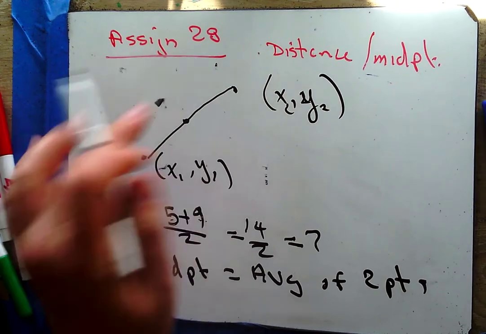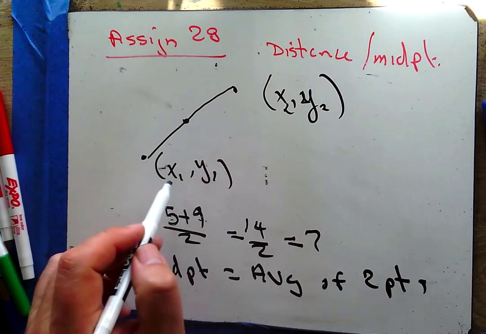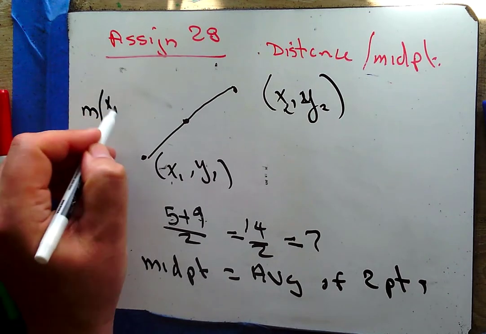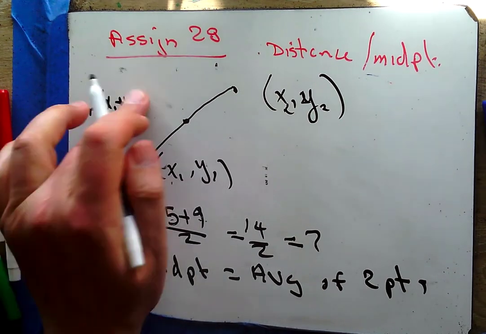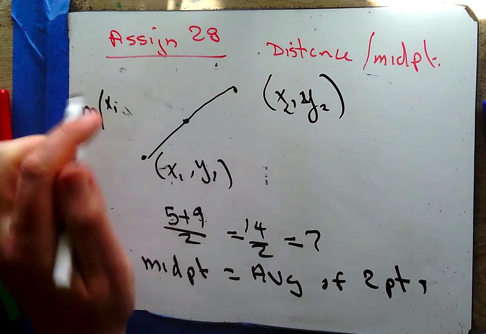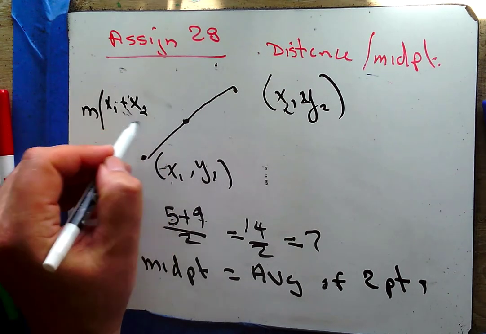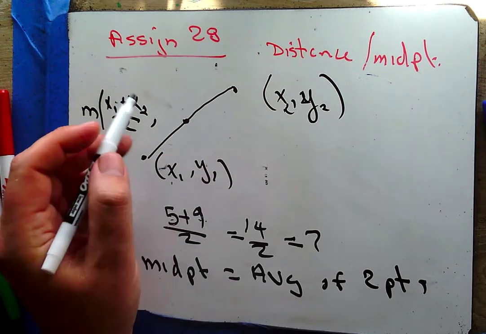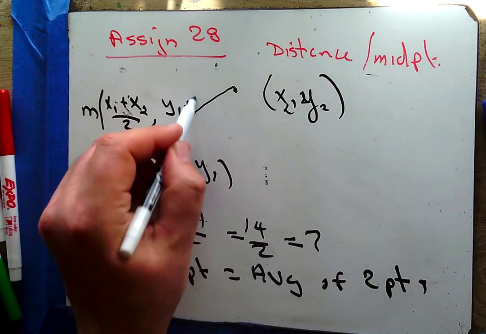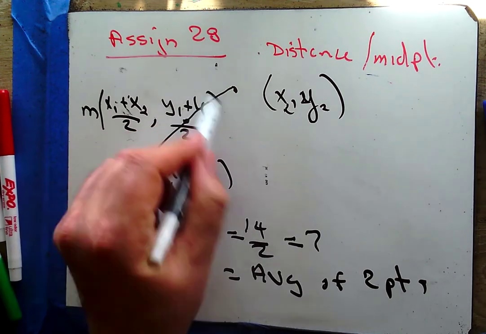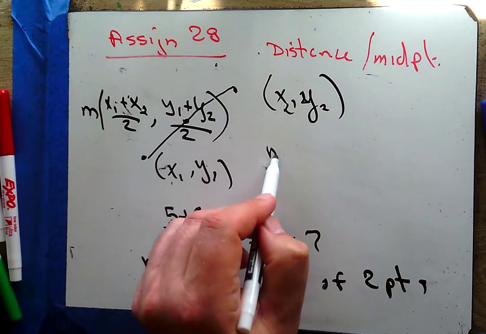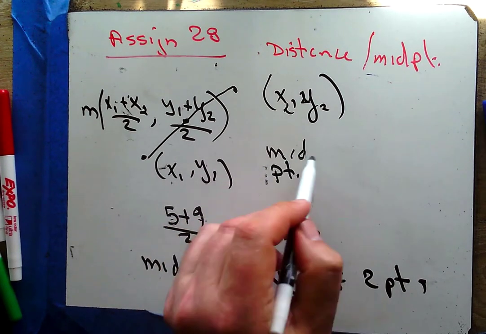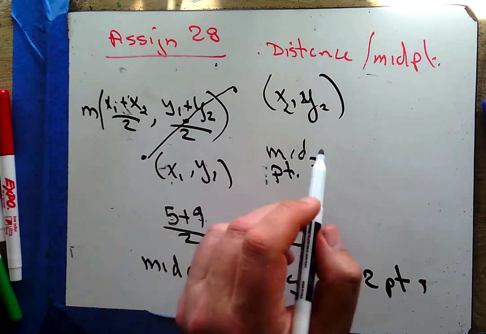Well, I'm going to do the average of these x values, which would be x sub 1 plus x sub 2, comma, and now the y value is going to be the average of these y values, y sub 1 plus y sub 2. So my midpoint is simply the average of the two endpoints of that segment.